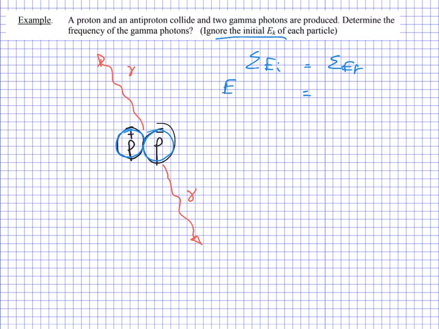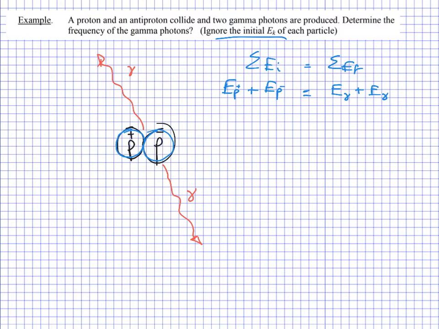I'm going to say the energy of the proton plus the energy of the antiproton is going to be equal to the energy of the gamma plus the energy of the other gamma.